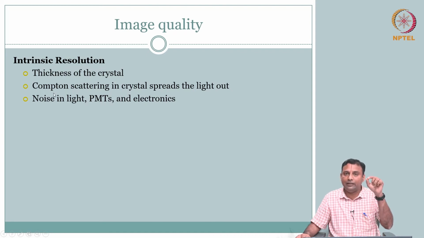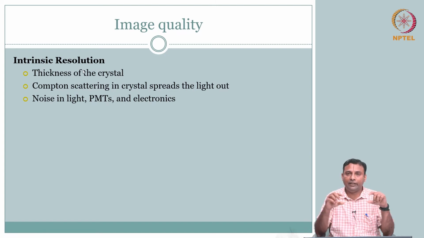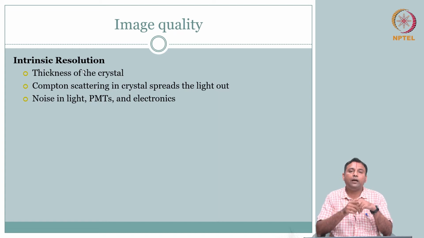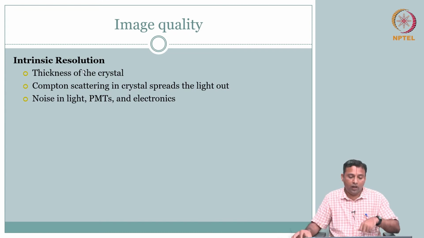Therefore, the precision with which you can localize is your intrinsic resolution. So it is essentially your xi comma yi. Remember, we did what we called localization, x comma y. That is where you have the effect of intrinsic resolution. All this contributes to that.